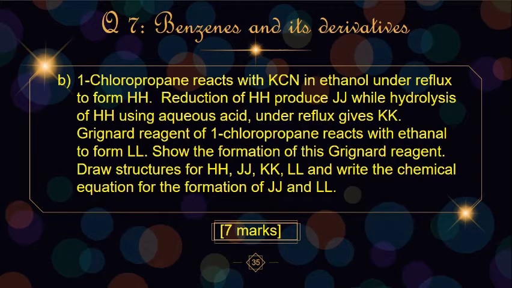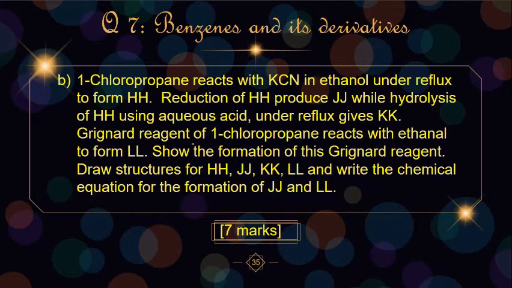Now we go to question number 7. Still, this is benzene and its derivatives. 1-chloropropane reacts with KCN in ethanol under reflux to form HH. Reduction of HH produces JJ, while hydrolysis of HH using aqueous acid under reflux gives KK.